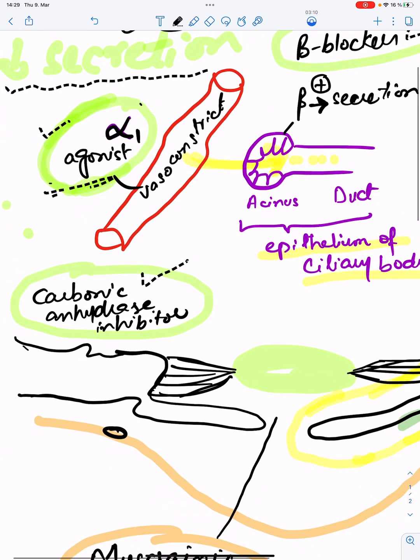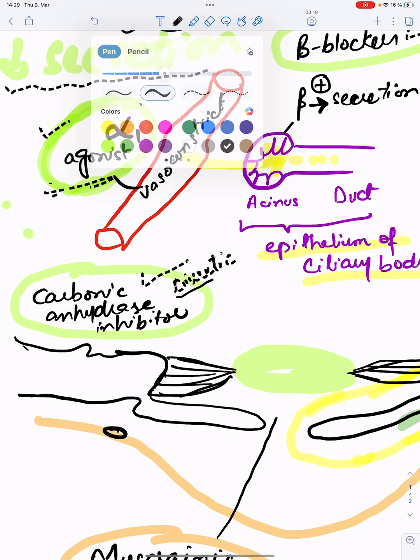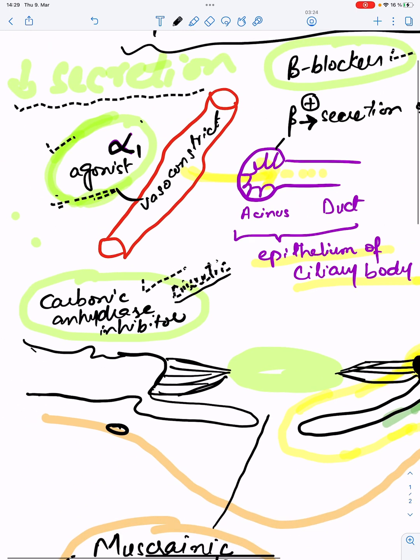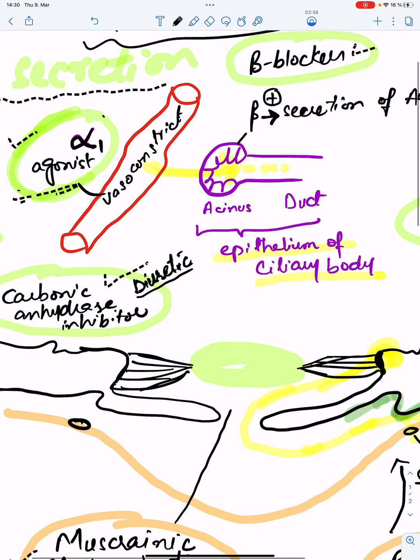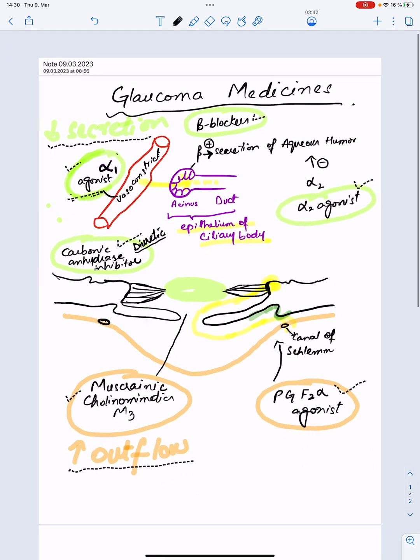Carbonic anhydrase inhibitor is a diuretic, and what diuretics do is move the water and electrolytes out of the body. So when there is less blood volume, there will be less plasma secretion into this stroma, and hence reduced aqueous humor secretion.